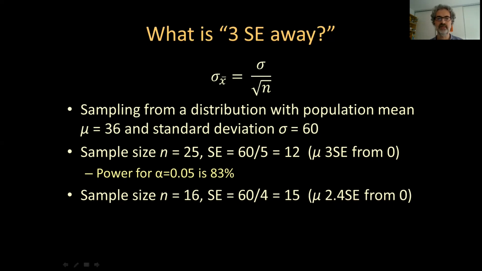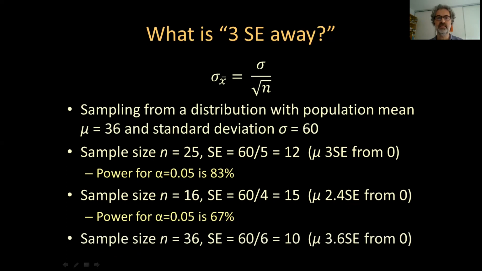In this scenario, the power for detecting an effect at an alpha level of 5% is 67%. So if the true population mean is 2.4 standard errors away from the null, then you have a 2/3 chance of obtaining data leading to correctly rejecting the null hypothesis.